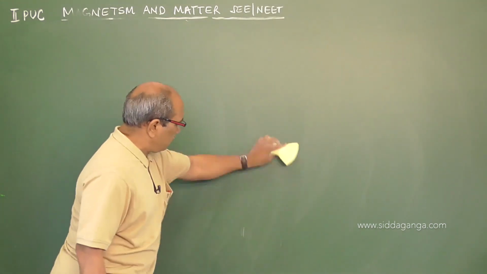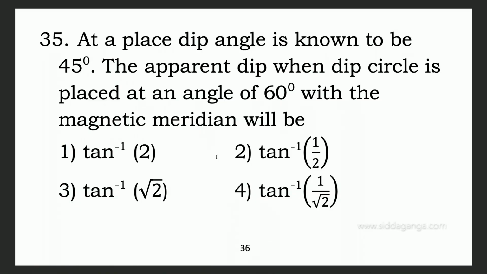Coming to the next. At a place, the dip angle is known to be 45 degrees. What is the apparent dip when the dip circle is placed at an angle of 60 degrees with the magnetic meridian? The question is on apparent angle.